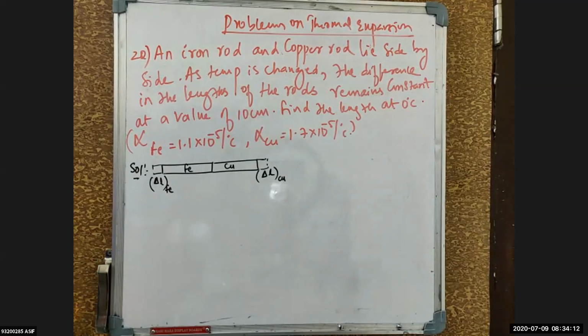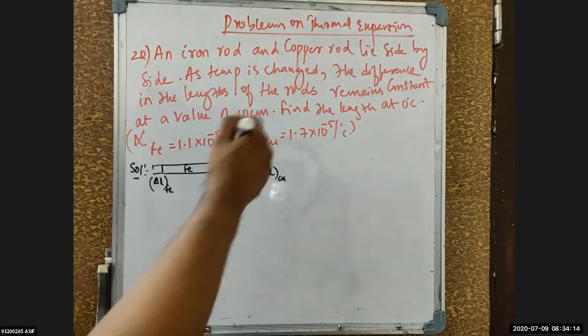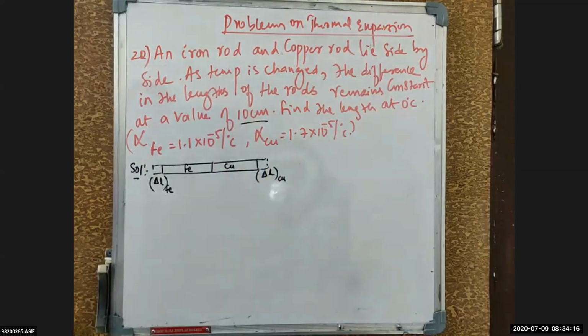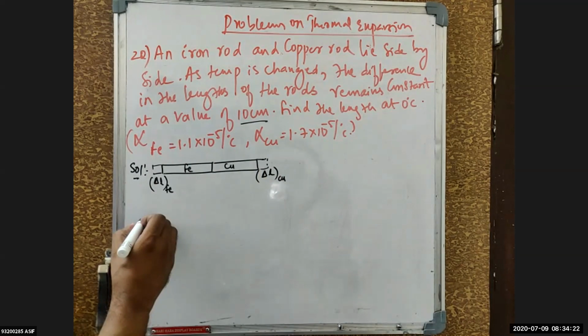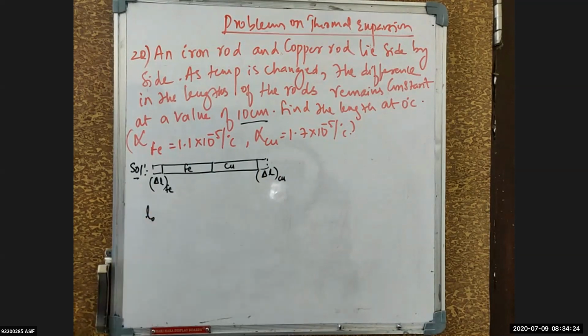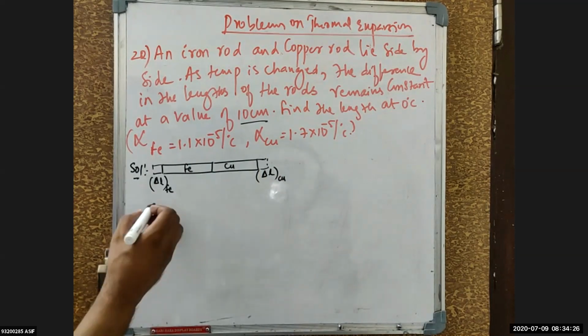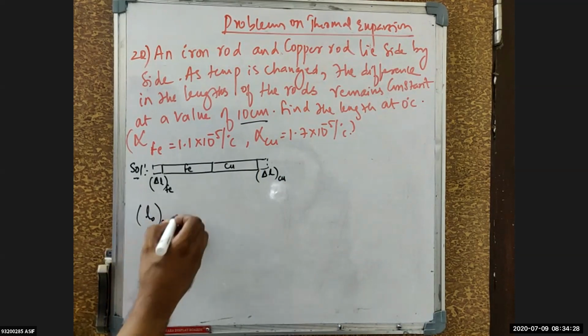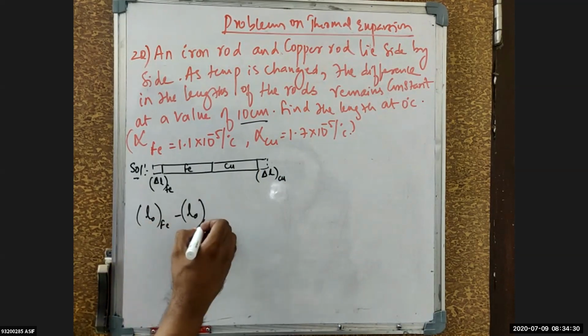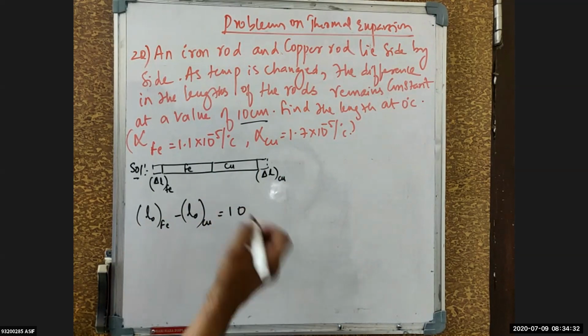The difference in the length remains constant at a value of 10 centimeter. It is asking us to find out the value at 0 degrees centigrade. So difference of the initial lengths, L of iron minus initial length of copper, is equal to 10.